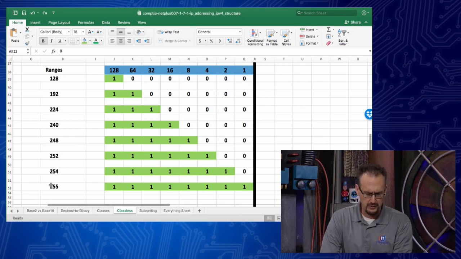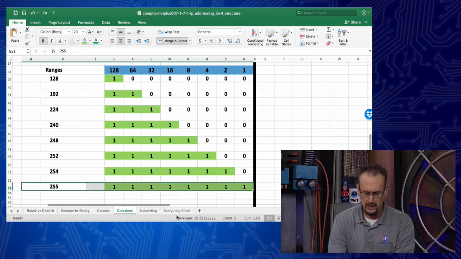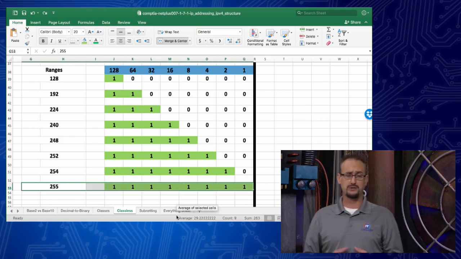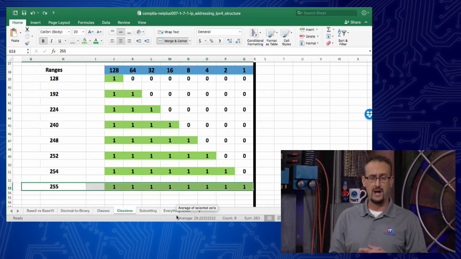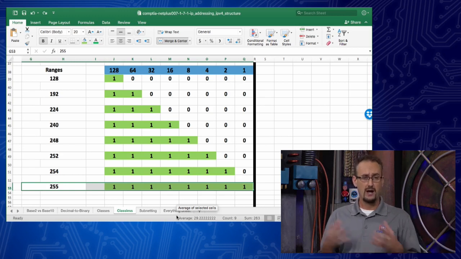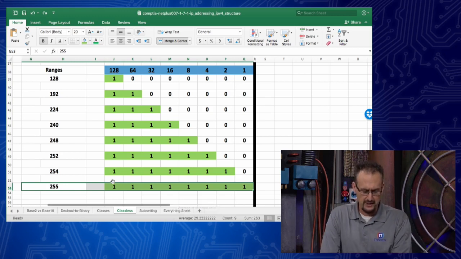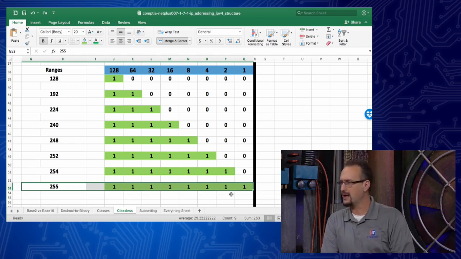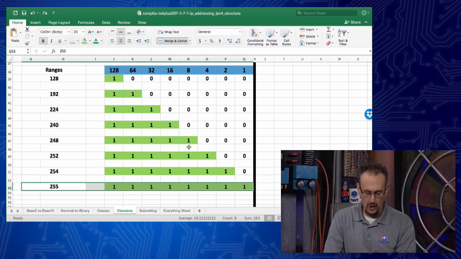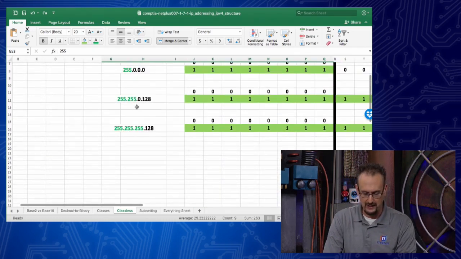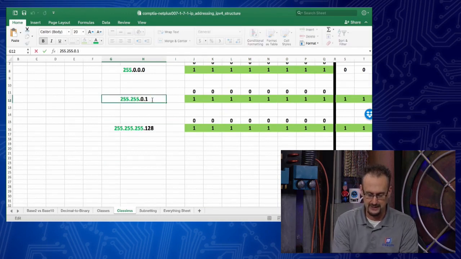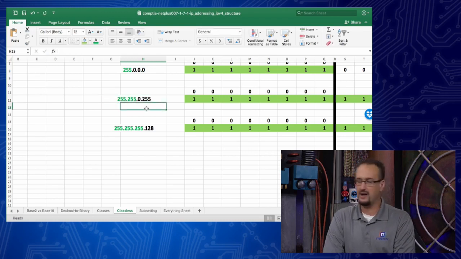Let's start with one that you commonly have already seen throughout what Zach and I have been going through with these IP structure episodes. Notice 255. Well, it follows the rule because the whole entire octet's ones. But I want you to also understand that this is not a valid subnet mask if I do something like 255.255.0.255. Why is that not a valid subnet mask? Well, let's take it to the binary.